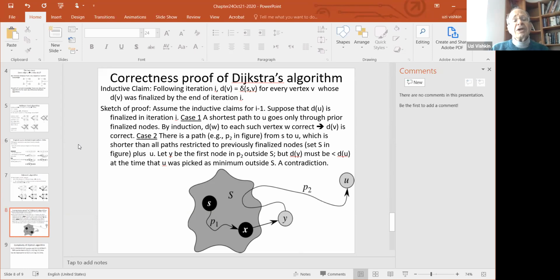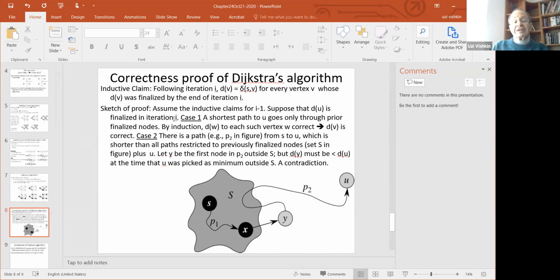Now let's see how the inductive proof works. We assume the inductive claim or inductive hypothesis for I minus 1, which I just spelled out for you, and suppose that d of u is finalized in iteration I. Observe that because we finalized one vertex in every iteration, what I will finalize by the end of iteration I will include everything that I finalized before.